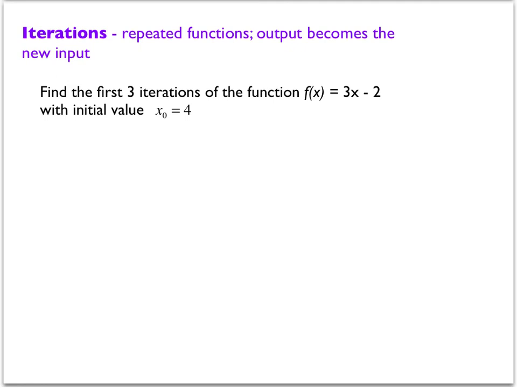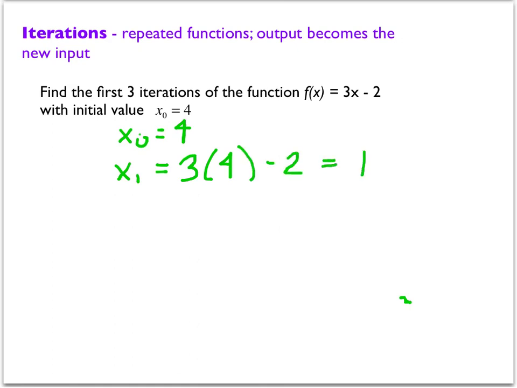So anyway, my first iteration then will look like this. I start with x0 equaling 4. And so my first answer then, which I'll call x sub 1, simply will involve putting 4 in place of that x. So this is going to be 3 times 4 minus 2.